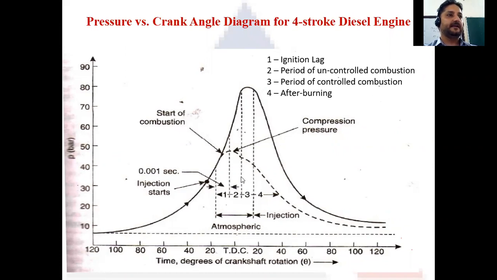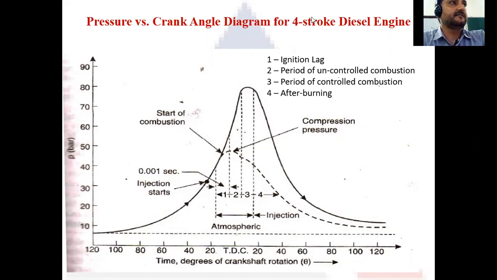But after this period, the time at which the combustion will stop is decided by manual or electronic means. That is why this is the period of controlled combustion. During the periods of uncontrolled and controlled combustion, the peak, that is the maximum pressure point, is attained. And after the period of controlled combustion, where the fuel injection stops, the afterburning starts.